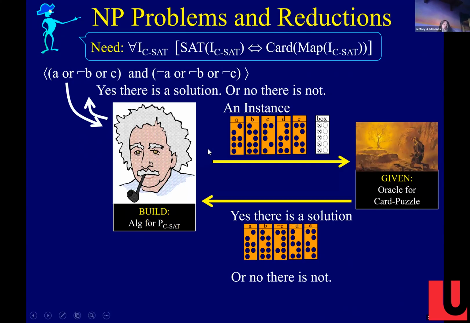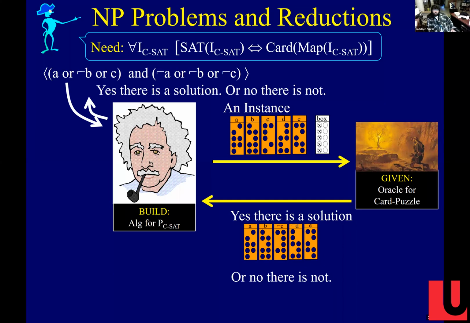Now our job is to prove that for every instance of the clause problem, it's satisfiable if and only if the corresponding cards are satisfiable. This says for every set of clauses, the clauses are satisfiable if and only if the corresponding cards are satisfiable.